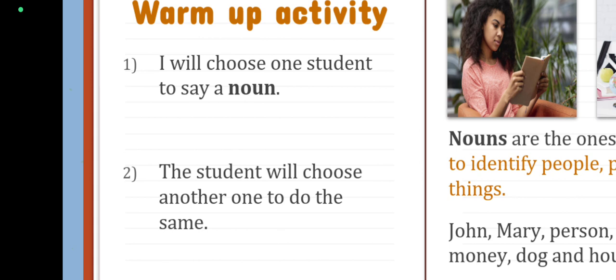So now let's pass to the next student. Can you choose another student, please? Marcos. Marcos, are you there? Yes, I'm here. Can you say a noun, please? Book. Can you repeat? Book. That's it. Great job.